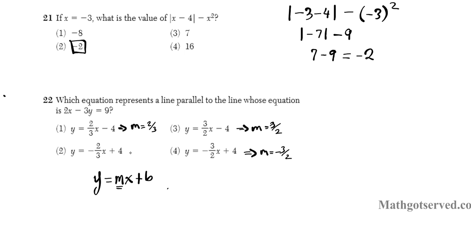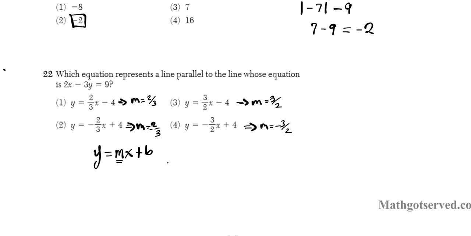And the slope here is negative 2/3. The slope is always the coefficient of x when the equation is in slope-intercept form. The intercepts are -4, 4, -4, and 4. The equation we're comparing these slopes to is in standard form.